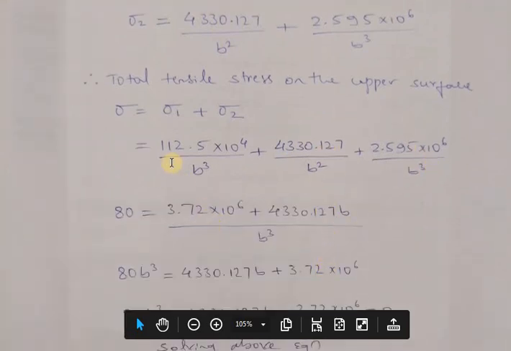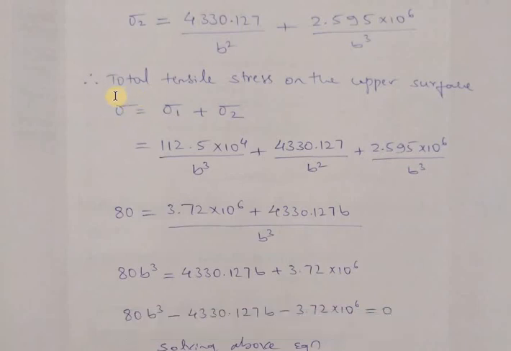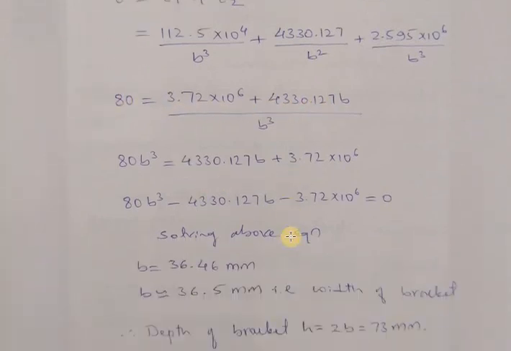Resolving that, and here the value of allowable tensile stress is given in the question as 80 megapascal or 80 Newton per mm square. Substituting this value and resolving the equation, once you get this equation, you can calculate the value of b on your calculator.